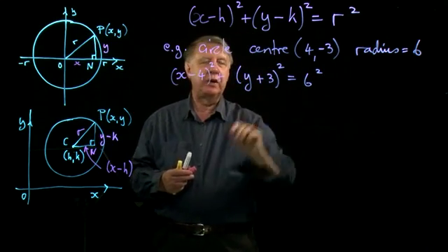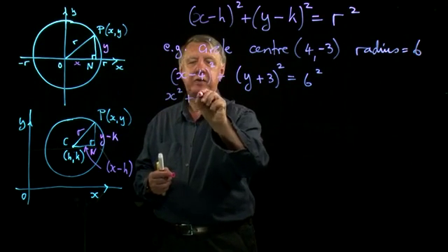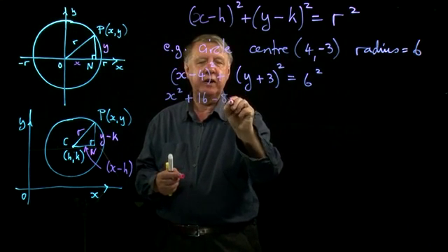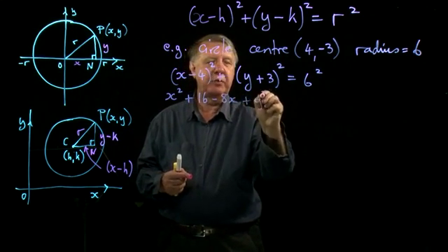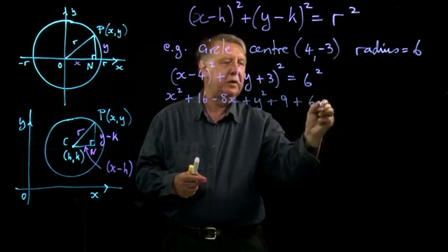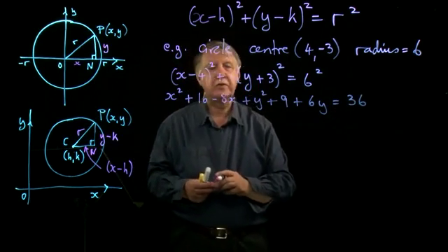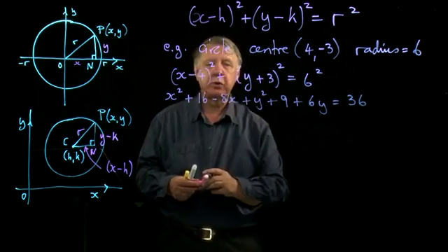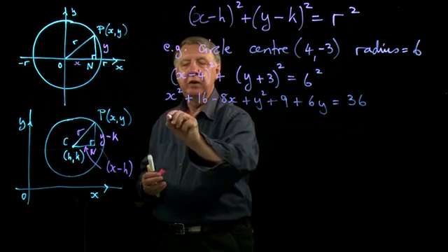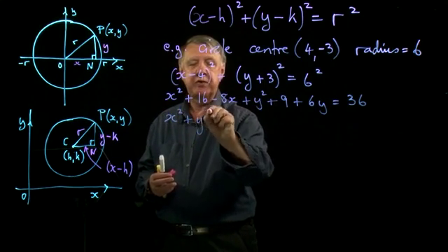So we would expand out the bracket, so we have x squared plus 16, twice the product is take 8x, and then y squared plus 9, twice the product here, 6y, and 6 squared is 36. And then the conventional way of simplifying this is to put everything on one side, to start with x squared, and then follow it with y squared.